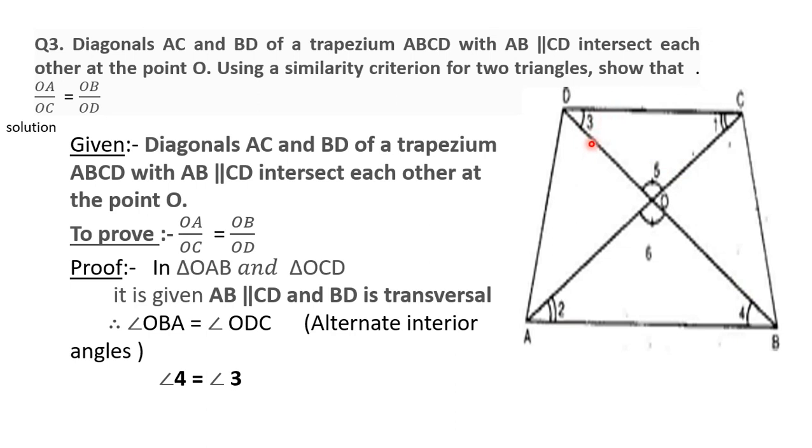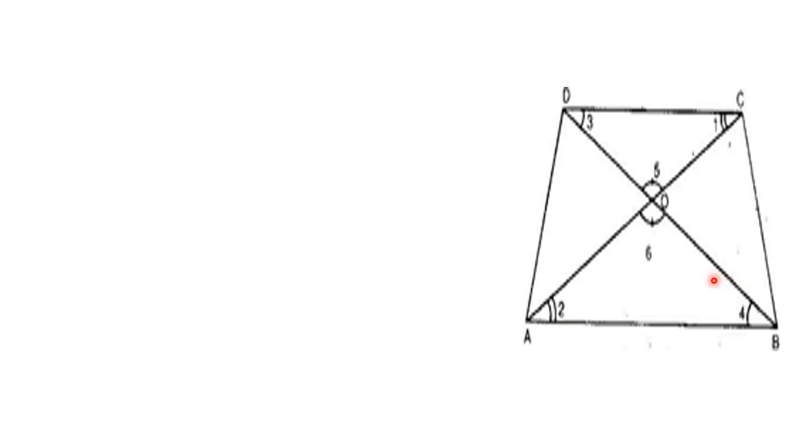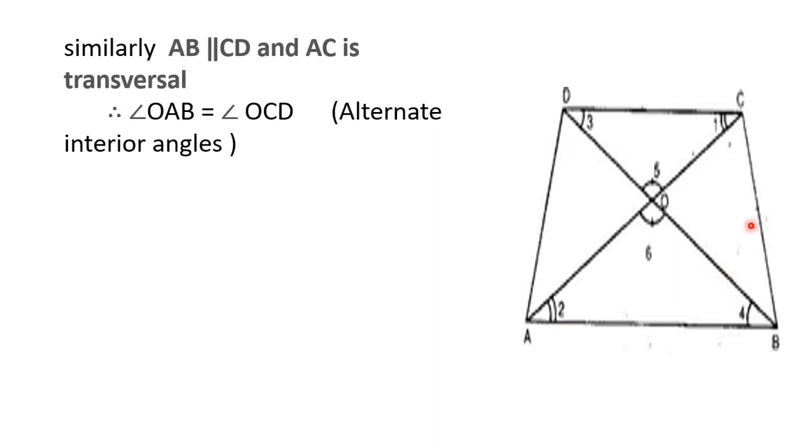So we can say angle 3 and angle 4 are equal as they are alternate interior angles. Similarly, AB and CD are parallel lines and CA is the transversal, so angle 1 and angle 2 are both equal.